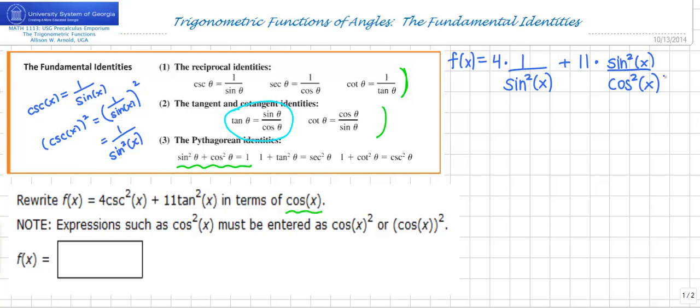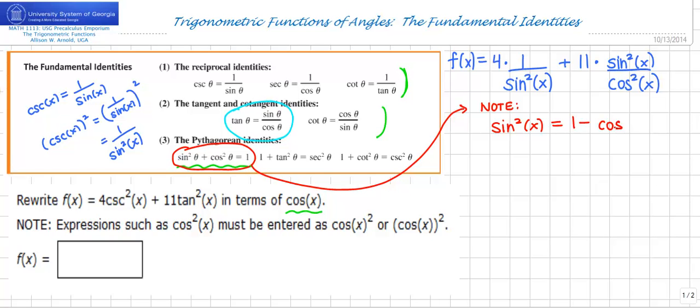And now stop for a moment, and you see that right now your function involves the sine function and the cosine function, and they seem to have squares. This is where this identity is going to come into play. If I want only the cosine function appearing, I can note again that sine squared of x can be rewritten as 1 minus cosine squared of x.